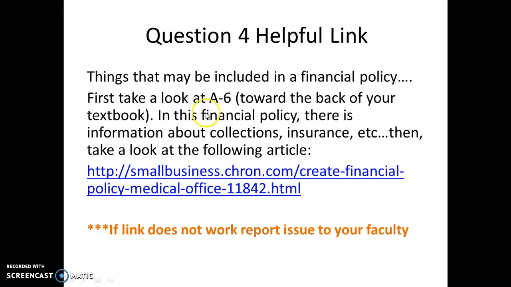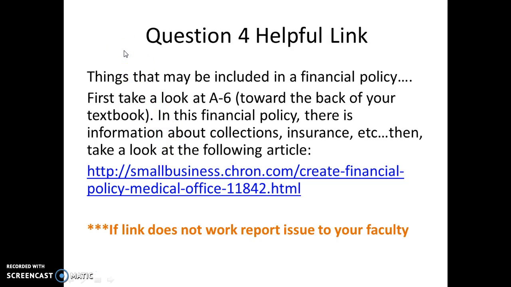So I want you to take a look at your Appendix A6 in the back of your revenue textbook. And in this financial policy, there's information about collections, insurance, and other things. And then I'd like for you to take a look at the following article. Now, if this link does not work, just report this issue to your faculty and they should be able to assist you.